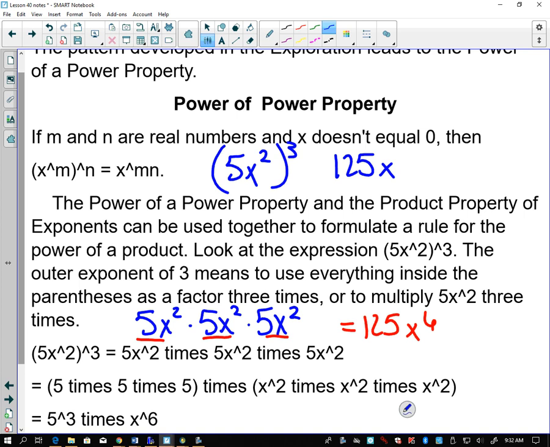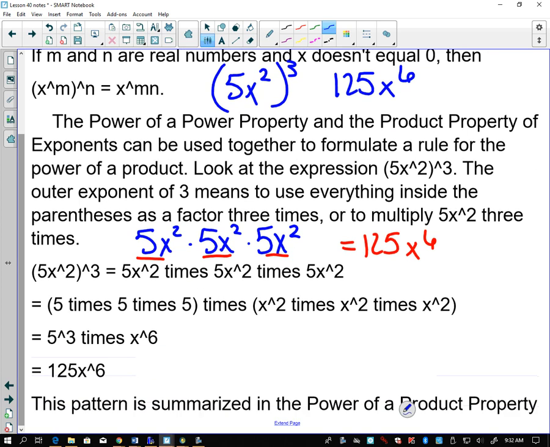And x squared to the third is the same as 2 times 3, right? I'm getting the same 125x to the 6th, but you're seeing it expanded here. If I understand the expansion and what's actually happening whenever I take something to an exponent, then I'll understand why I multiply instead of add. Okay?